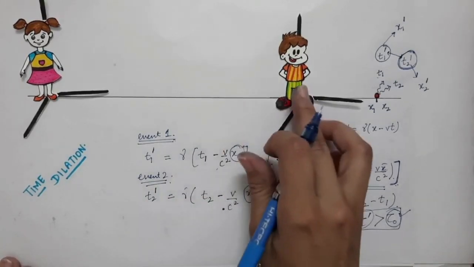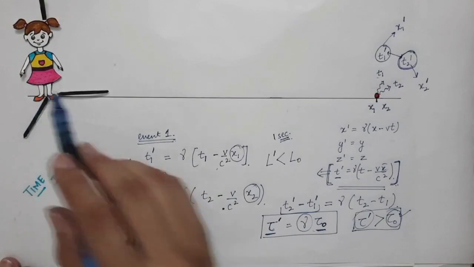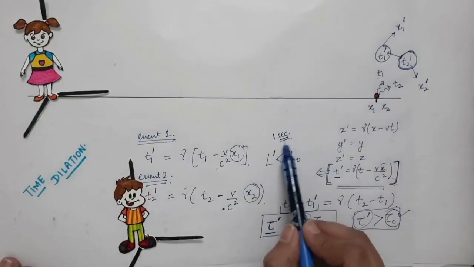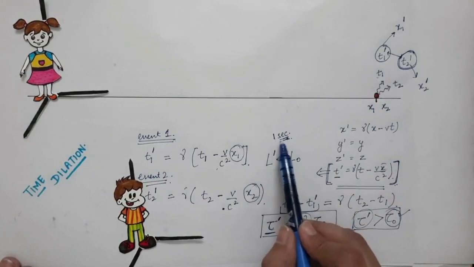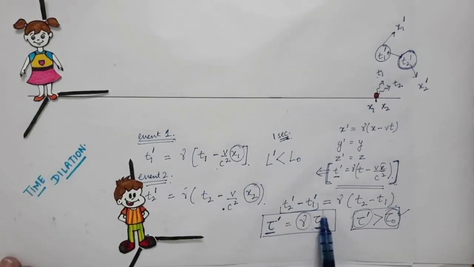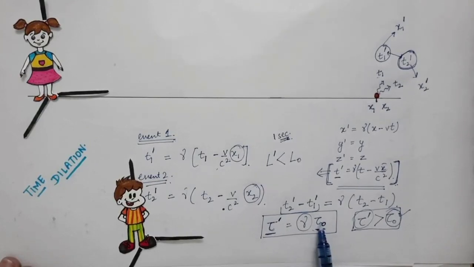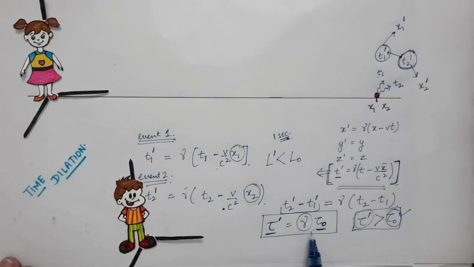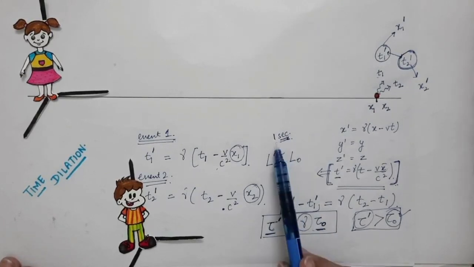If you observe the time interval between these two events, let's say it comes out to be 1 second. If you insert 1 second over here, which is the time interval with respect to a stationary frame, then 1 second times gamma, and gamma is always greater than 1, so tau prime will come out to be greater than 1 second.